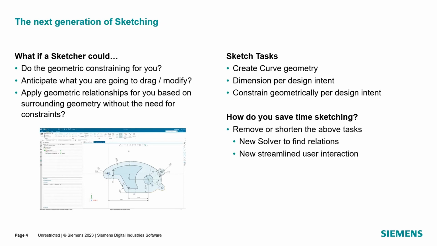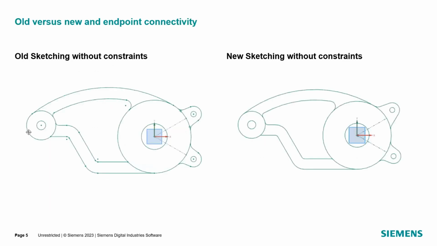So one of those is looking at those three paradigms up above: how do we remove or shorten those tasks? And so we've introduced a new solver that helps to find the relations and do a lot of that intelligent work for us. And also just a streamlined user interaction. And you'll see that as we go through the demos.